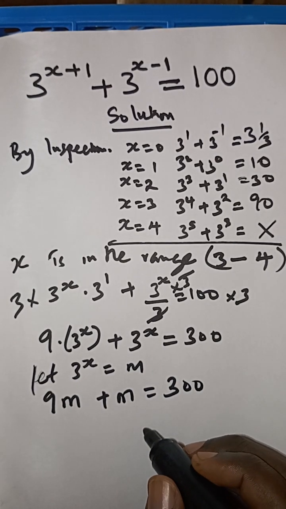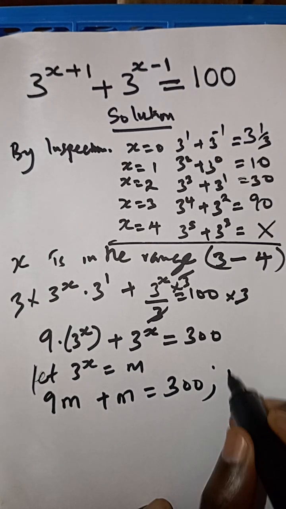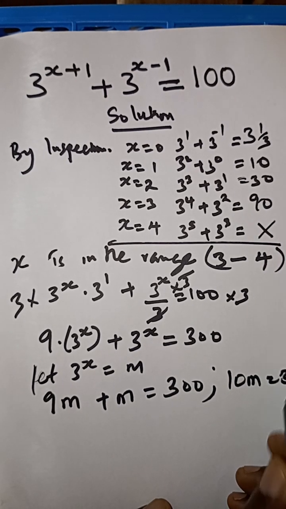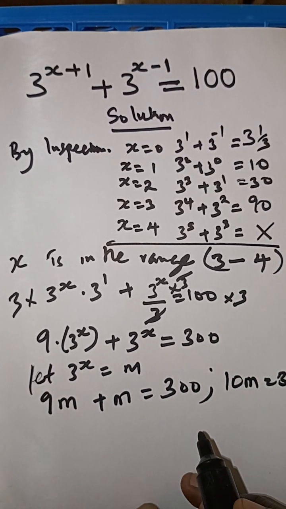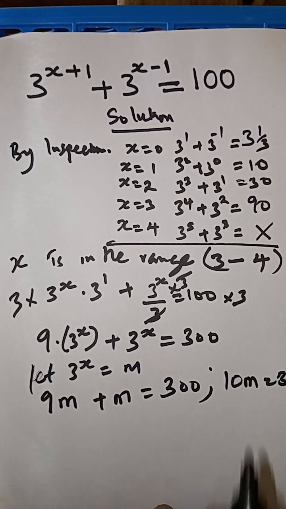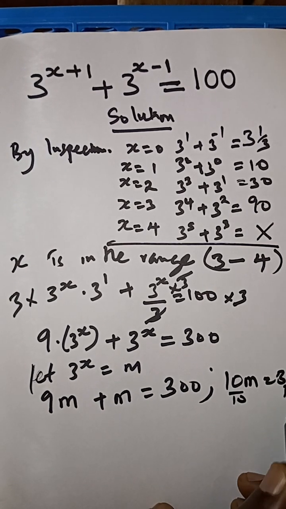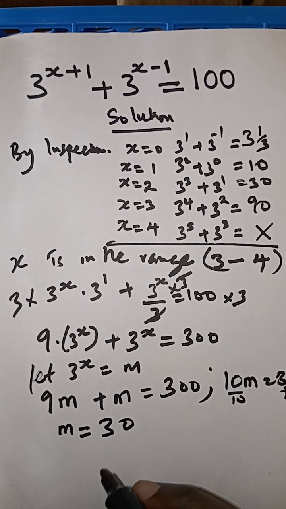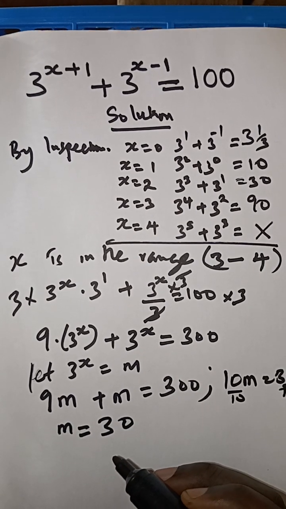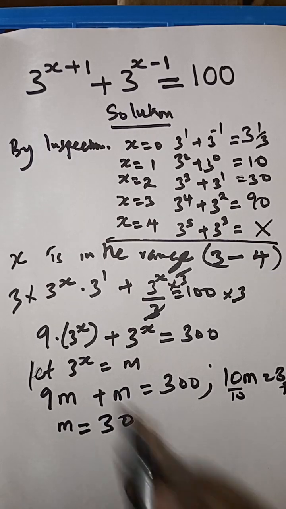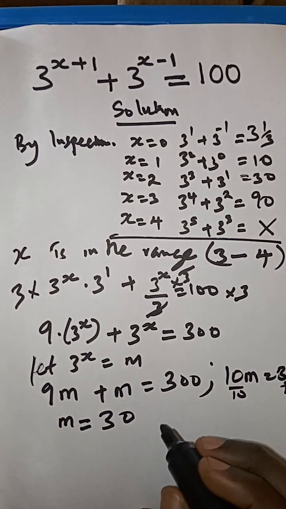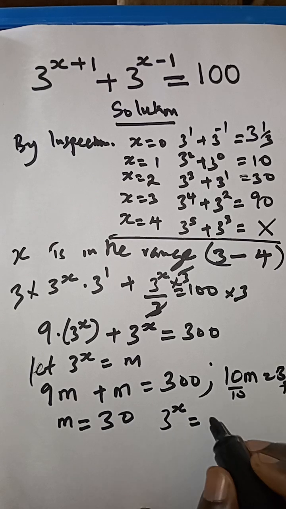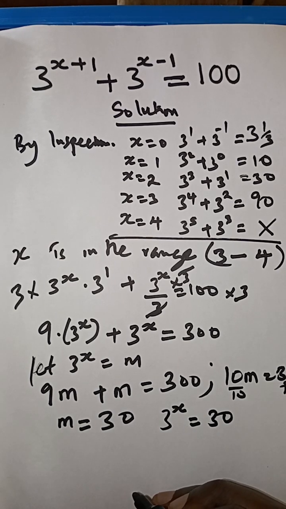Solving this, I'm going to get 10m is equal to 300, and then dividing by 10 by 10, m becomes 30. So here we said that 3 raised to power x is equal to m, and now my m is 30.